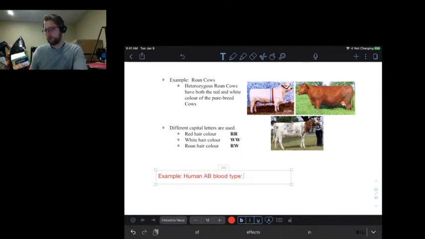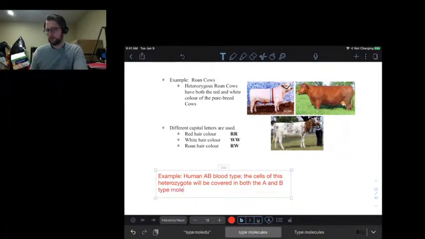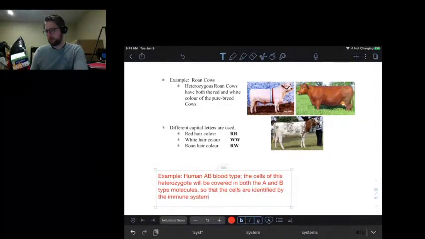The cells of this heterozygote will be covered in both of the carbohydrates, the A and B type molecules, so that the cells are identified by the immune system as both A and B.